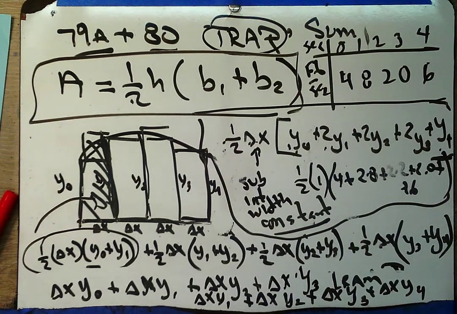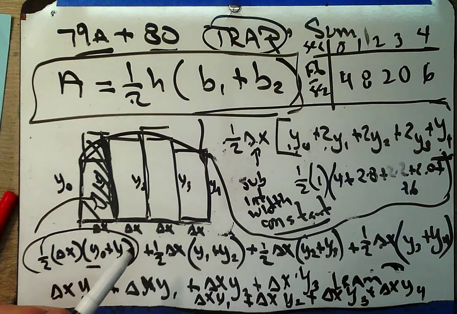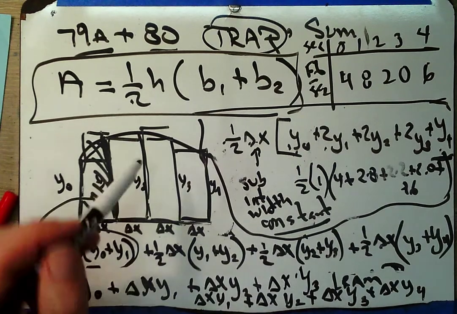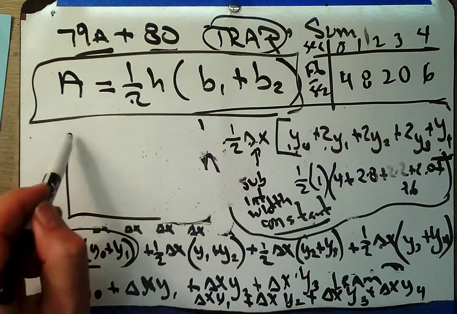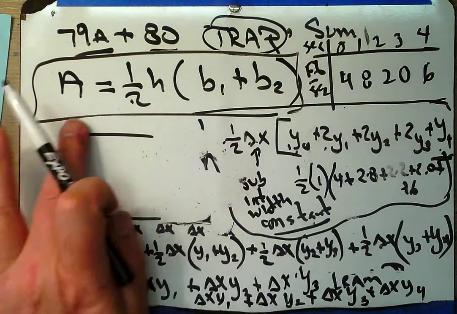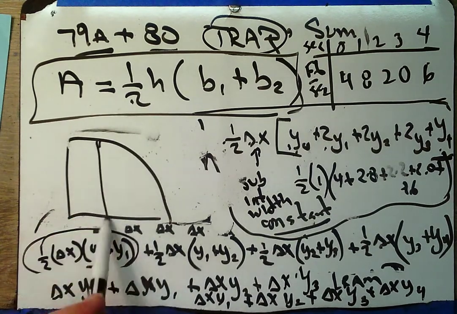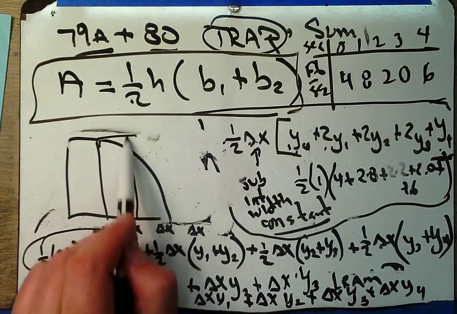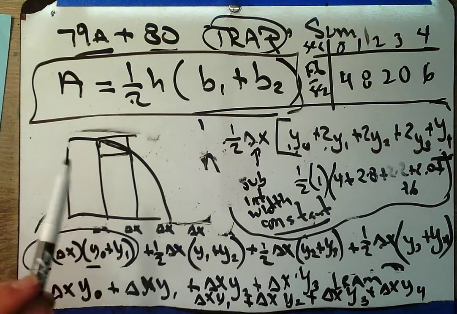Wait a minute, Mr. Google. I thought you were talking about LRAM and RRAM. And I am. But if I take LRAM and add it to RRAM and average them, I'm going to have that underestimate, I'm going to have that overestimate, and I'm going to average them.